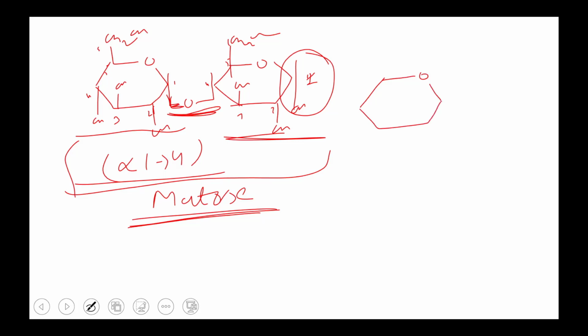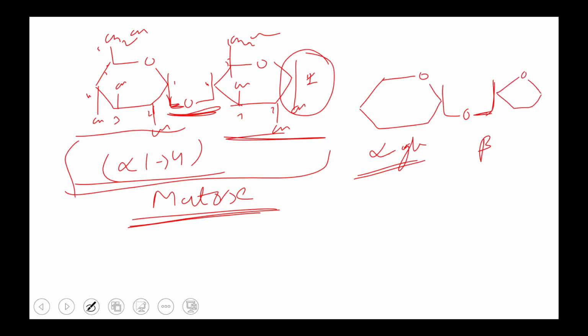Here we have alpha 1 to beta 2. This glucose is in alpha configuration, alpha D glucose, and fructose is the beta fructose which is being used. That is why this particular type of bond formation takes place.